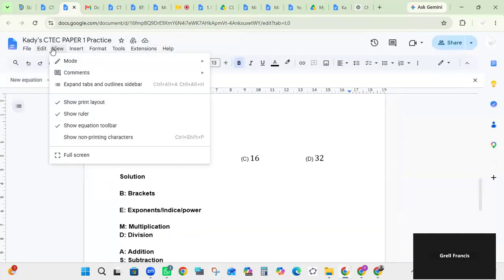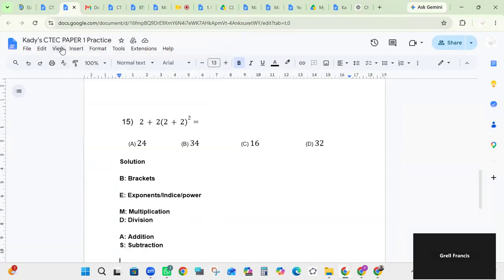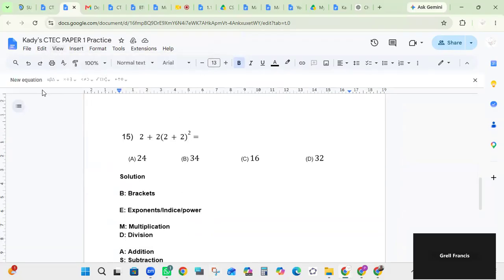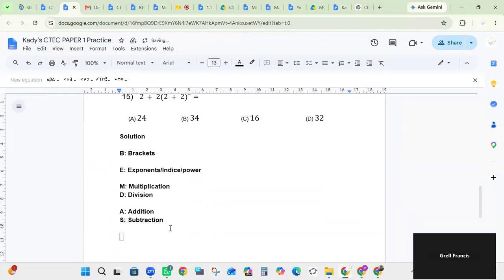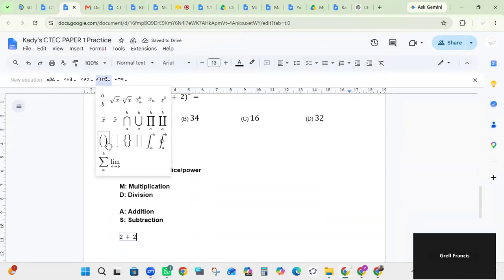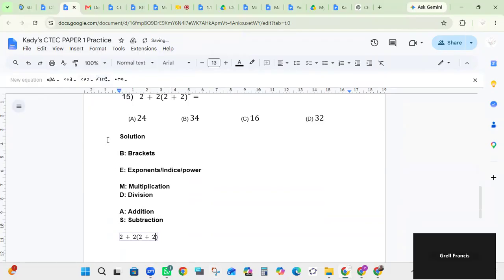Let me just type it there. Right, so in the bracket we have 2 plus 2, close bracket, 2 plus 2, right? Yes, sir. And outside we have a square.